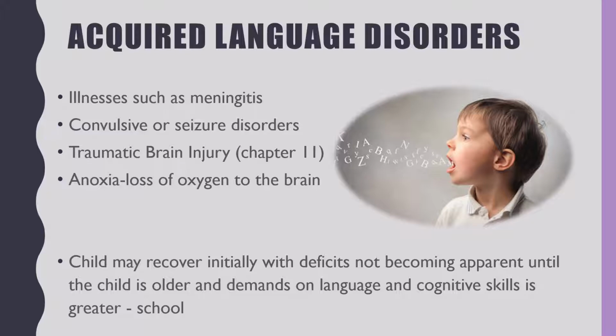The individual may recover initially with deficits not becoming apparent until the child is older and demands on language and cognitive skills is greater, often when they get to school. Obviously, the more severe the brain damage, the more severe the communication, and all developmental categories will be affected. We will be discussing acquired language disorders in more detail in Chapter 11.